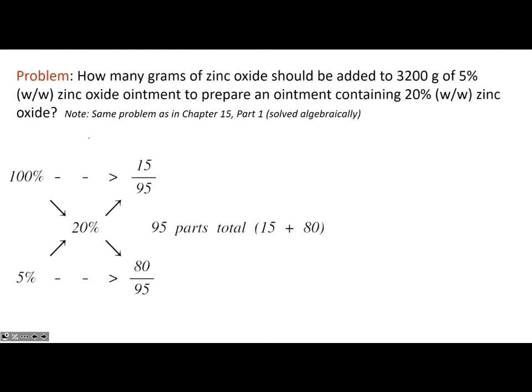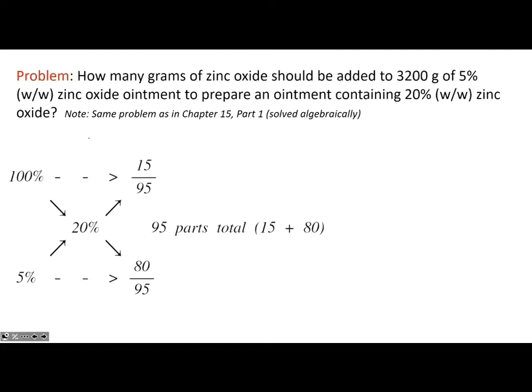Its percentage is 100%. So that's why on top I have 100%. That represents the strength of the pure zinc oxide powder. Put that over the 5%, which represents the low strength that we are adding it to. And in the middle on the right is my target percent, which was 20. So is everyone okay with the 100 over the 5 and then the 20 on the side?